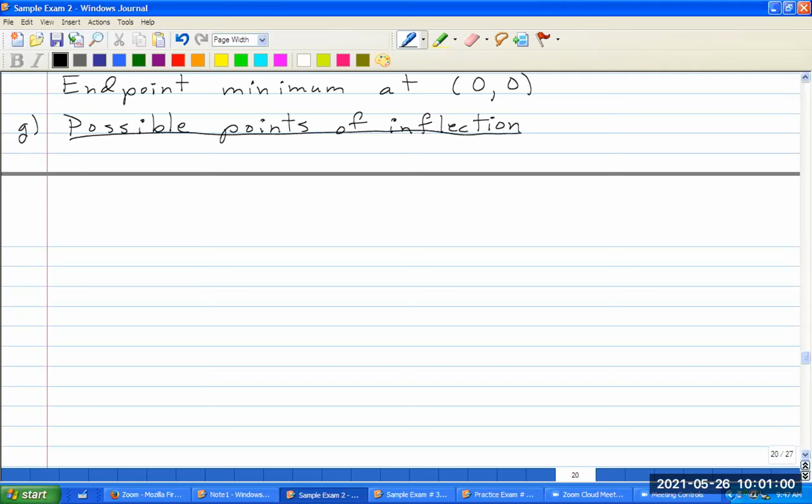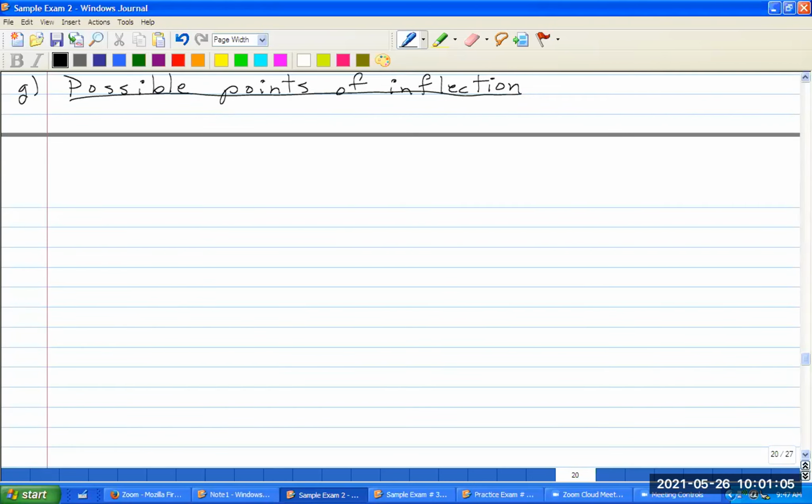Okay. And so let's look at the second derivative.